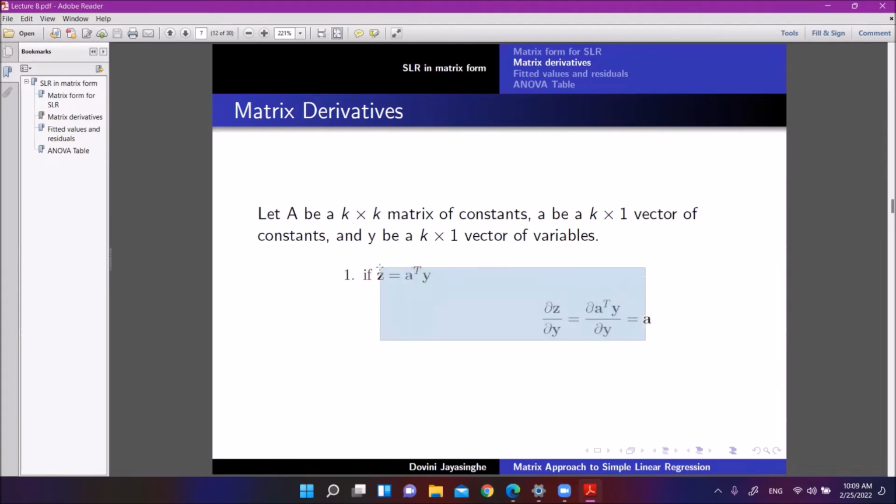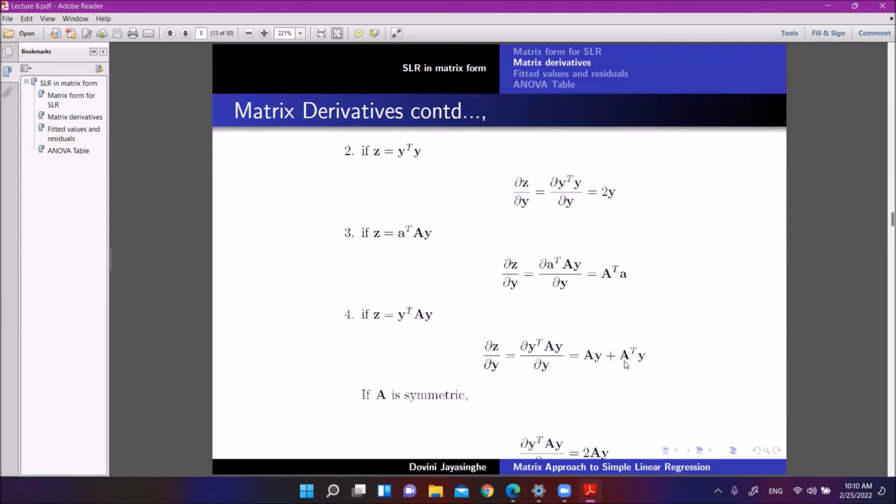I might not ask a question about this in the exam, but what I want you to have is some idea that these also have derivatives. If you are interested in how the estimation process goes with the matrix representation, you are going to need these things. But at the exam, I won't be testing this. But anyway, these are used in the derivations.